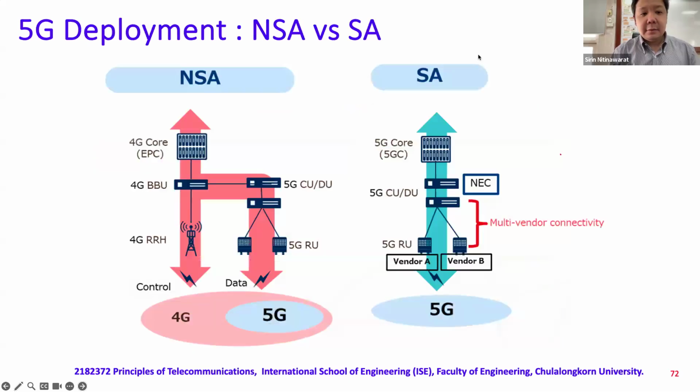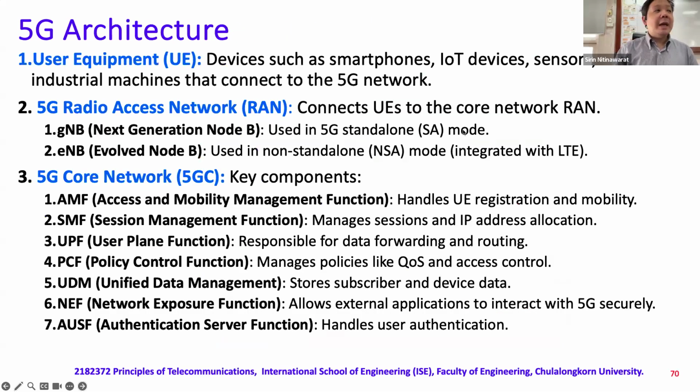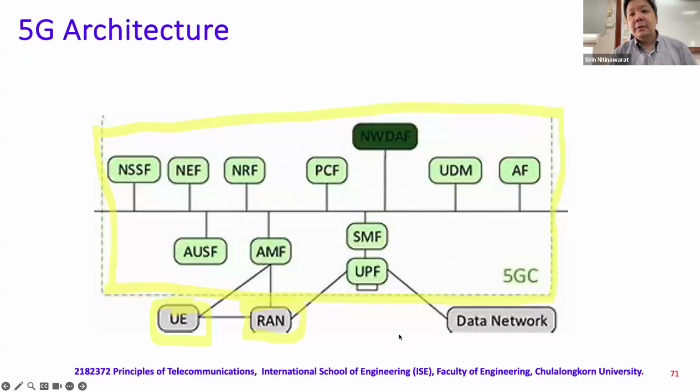But I would say they are quite similar to the different entities in the 4G core network. Just that some of the functions may be split out into a dedicated entity, like AUSF, which is dedicated only to authentication, right?